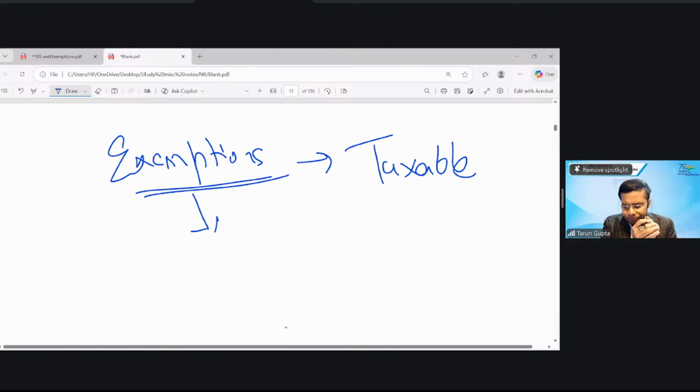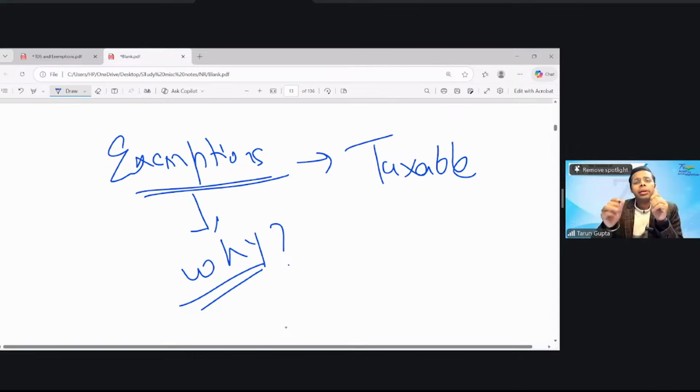Secondly, why are these exemptions provided? See, there are no free lunches in India, in the world. The Indian government provides exemption. They forgo their tax revenue because they want to encourage such types of dealings or transactions with the non-residents.